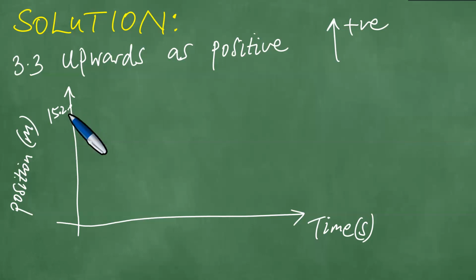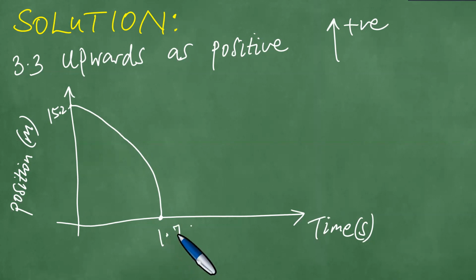So its position was decreasing. According to the calculation we made, A hit the ground after 1.76 seconds.